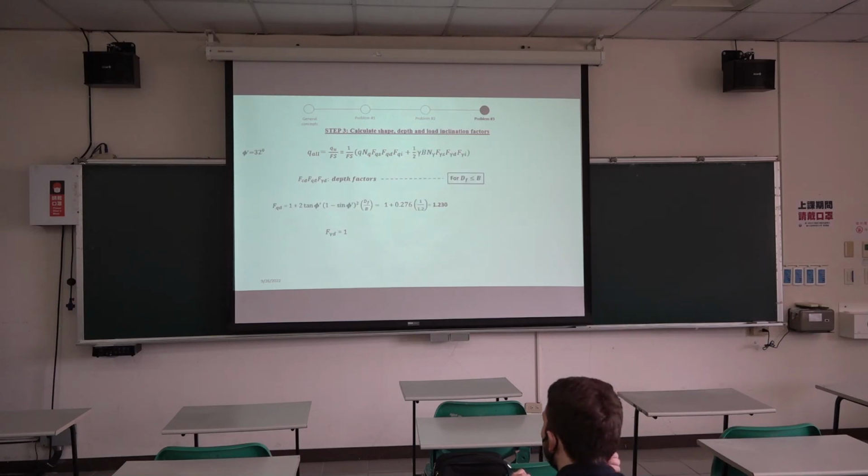The depth factors are calculated as shown. Depth of embedment is around 1 and the width is 1.2, so it satisfies this criteria, and we use these equations. If the depth of embedment is greater than the width, then they will give you different formulas to deal with that.